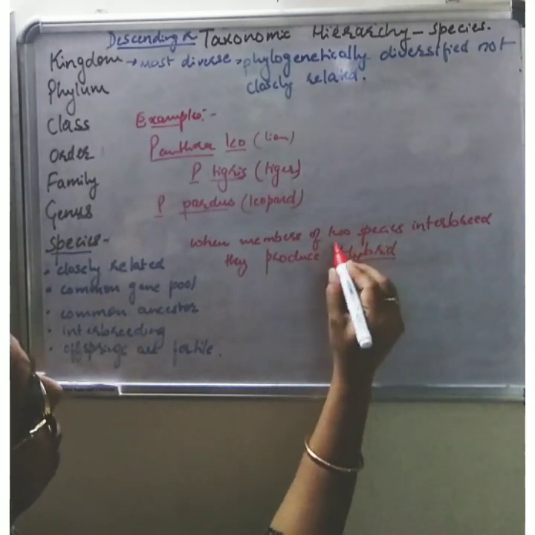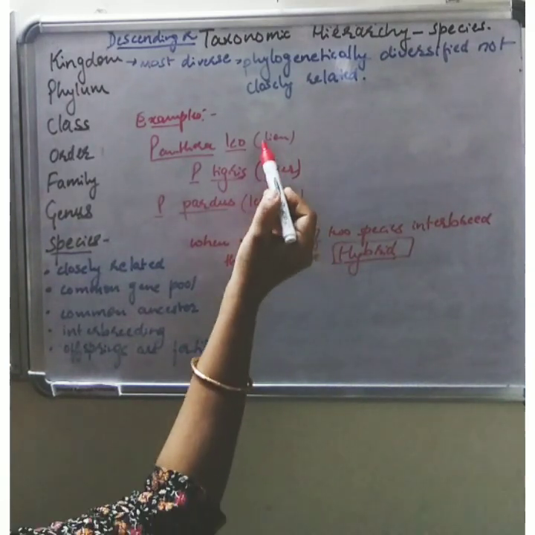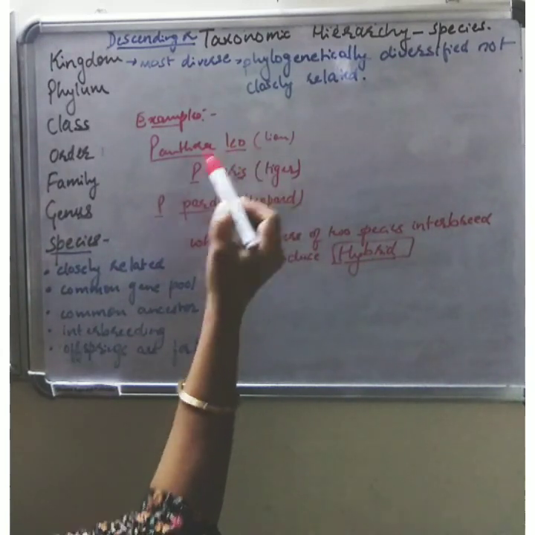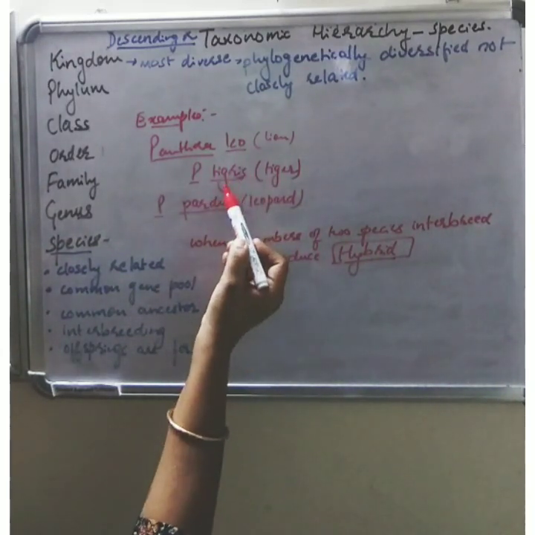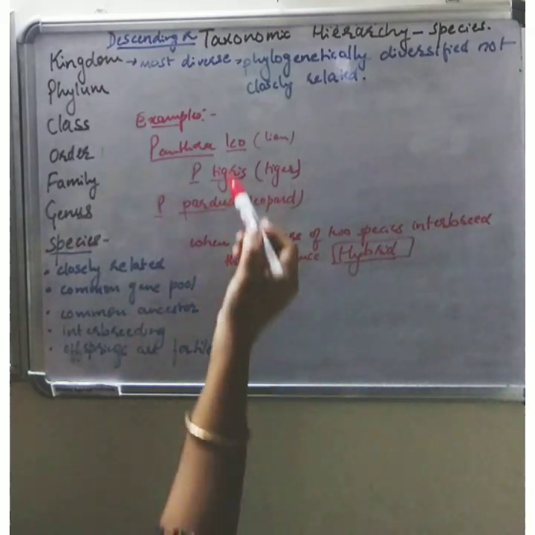So hybrid is a result of a cross between two closely related species. Members of leo breeding amongst themselves is common. Same is for tigris, pardus or any other species.